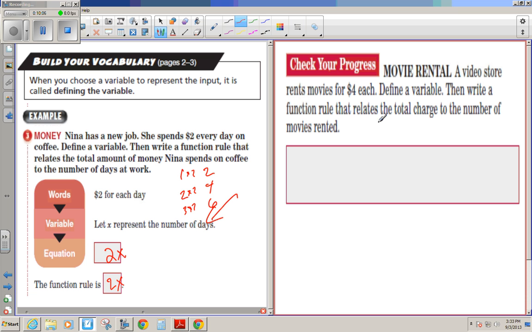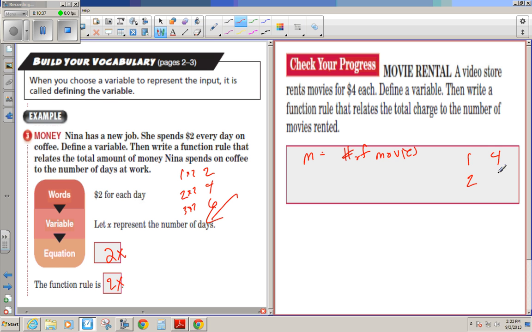All right, a video store rents movies for $4. Define a variable. Then write a function rule that relates the total charges to the number of movies rented. So there you go. The variable, let's make it m, equals number of movies. One movie would be $4.